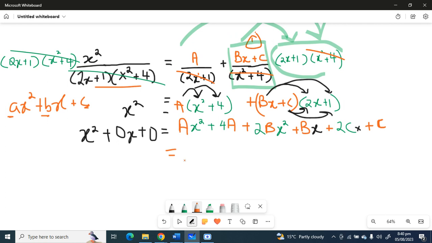It becomes now ax squared plus 2bx squared plus bx plus 2cx plus this 4a comes aside, 4a plus c.